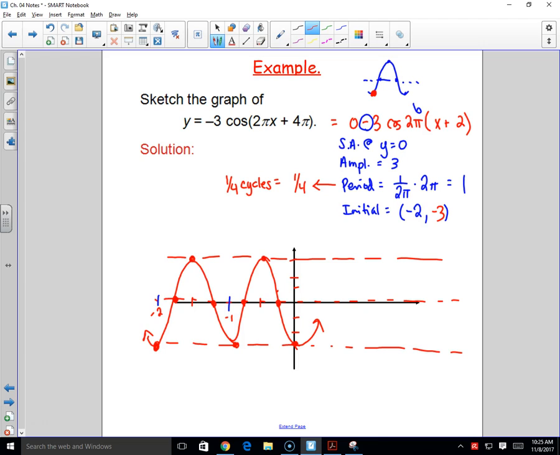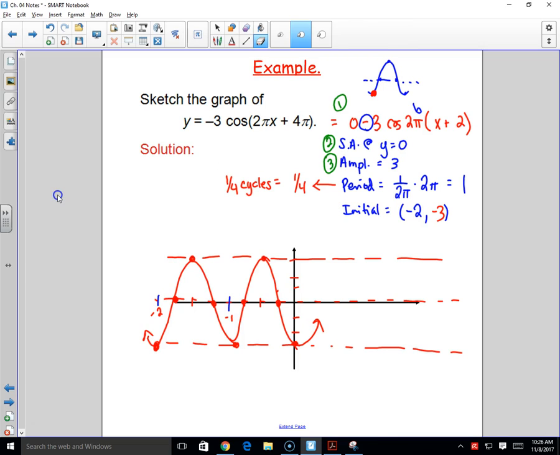But the one thing I do want to show you guys is technically the order that we did it. We did rewrite it first. We rewrote, that was step 1. We thought about our sinusoidal axis 2, our amplitude 3. We had to mark our initial point 4, but we had to think about our quarter cycles, technically to be honest.